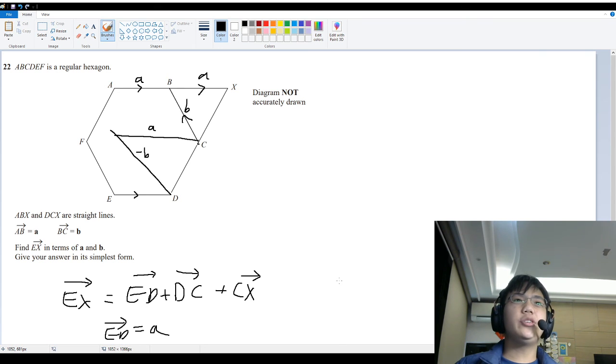So for vector questions, you can basically break up the question into smaller chunks.